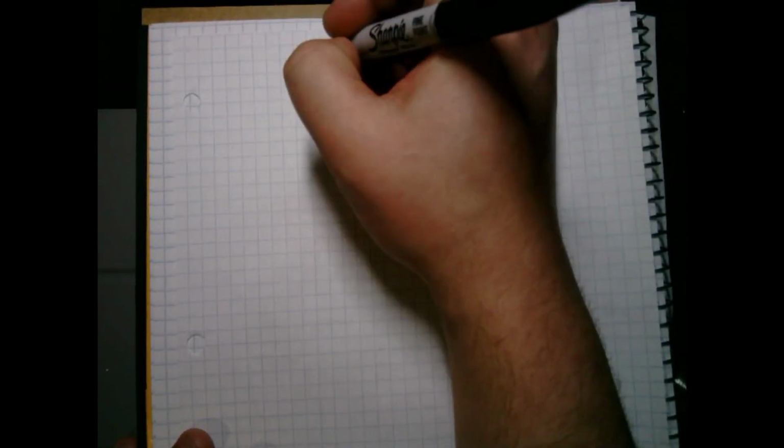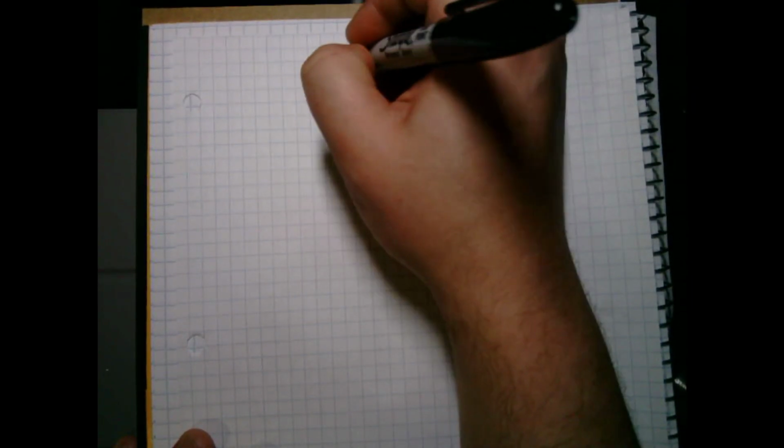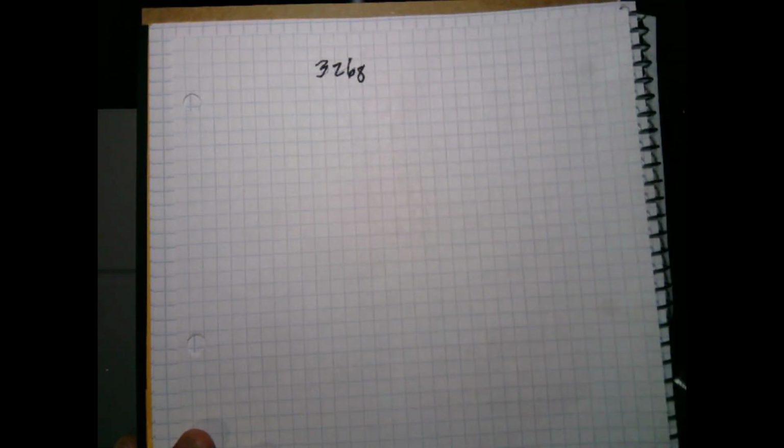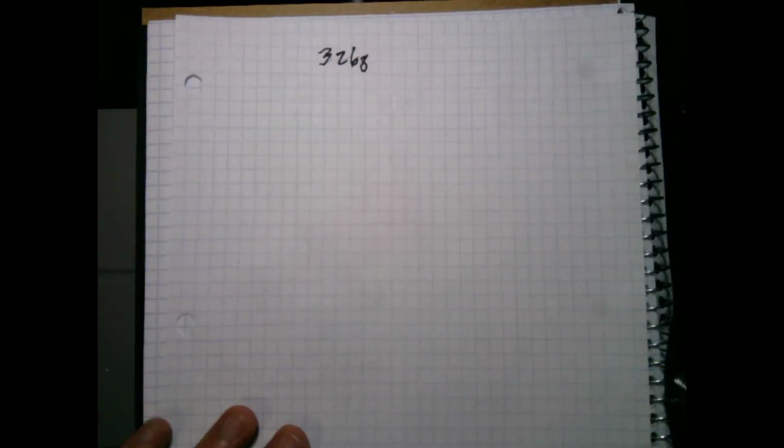So, actually, I'm just going to go ahead and, this Sharpie might bleed through a little bit. It's the only pen I could find. 326 base 8 is our number. They want us to convert it to decimal.